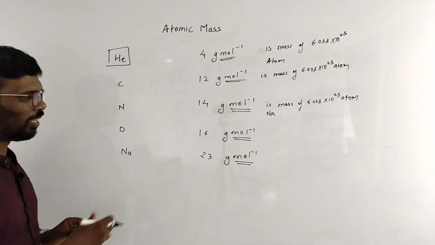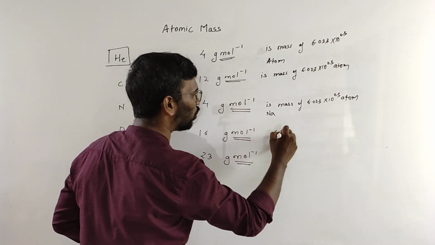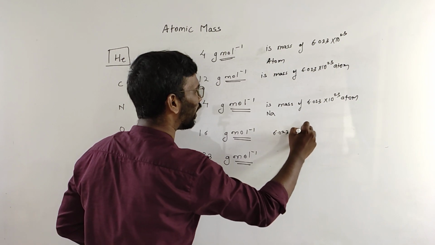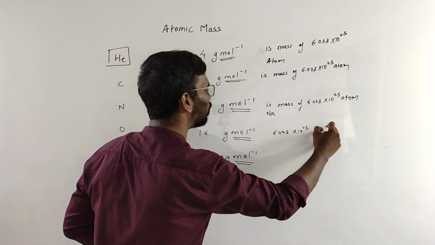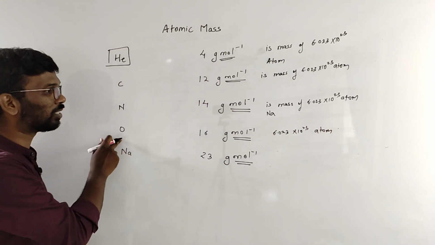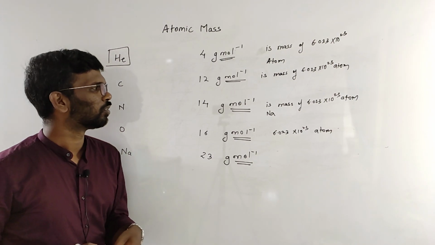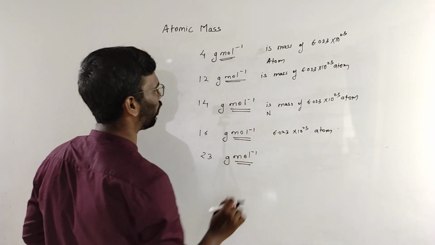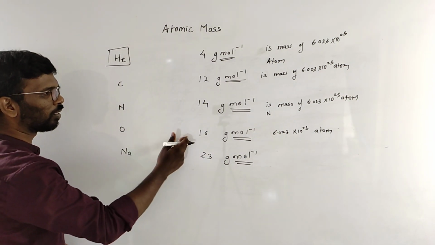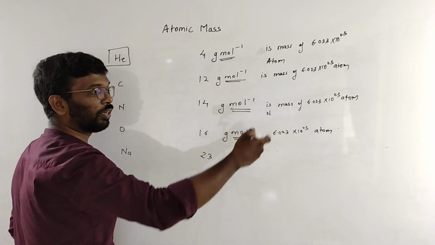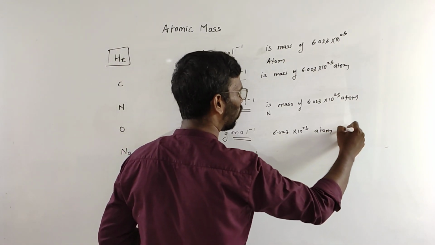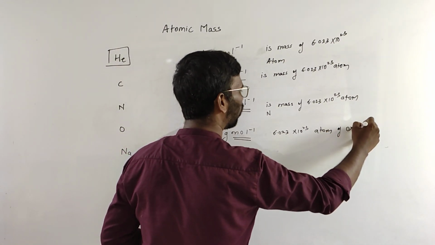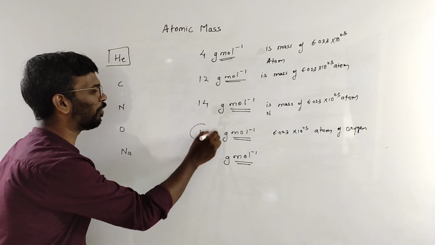Again oxygen: when 6.023 into 10 raised to 23 atoms of oxygen come together, that time it will weigh 16.